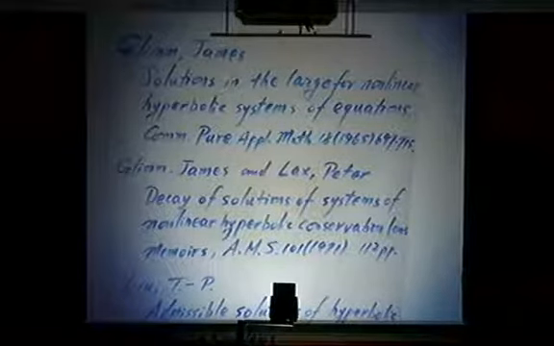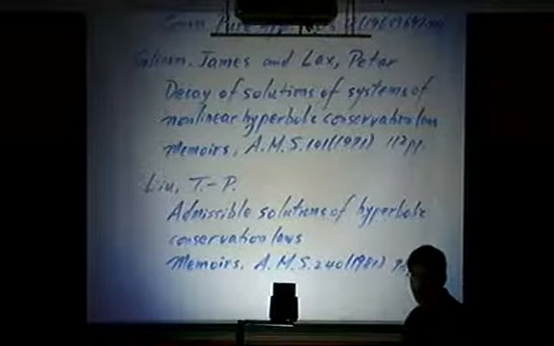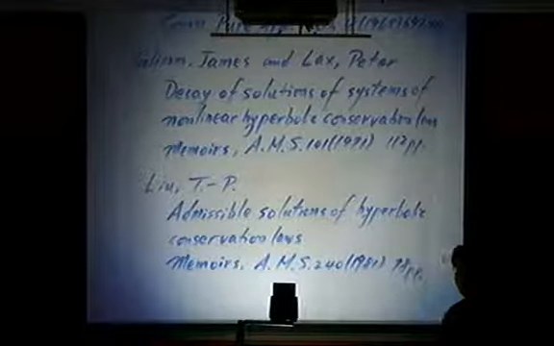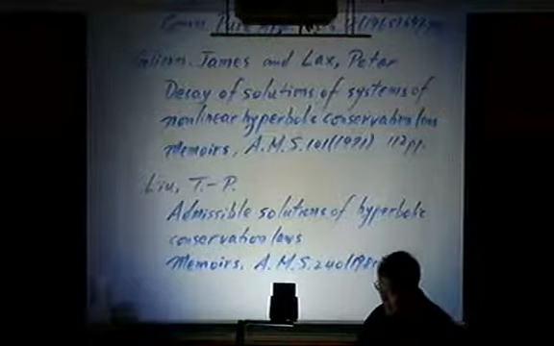Okay. Then Glimm and Lax initiated the study of the solution regularity and so on, and I worked for a few years on this.